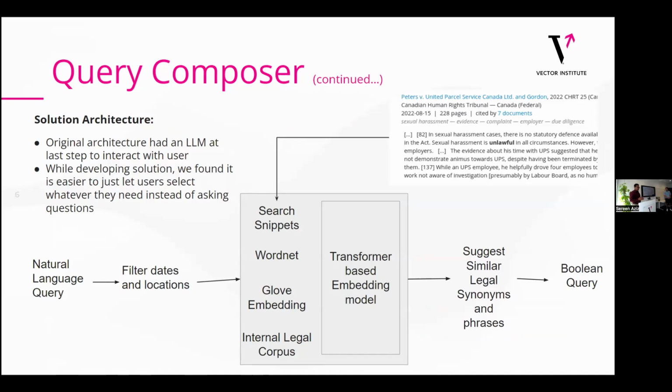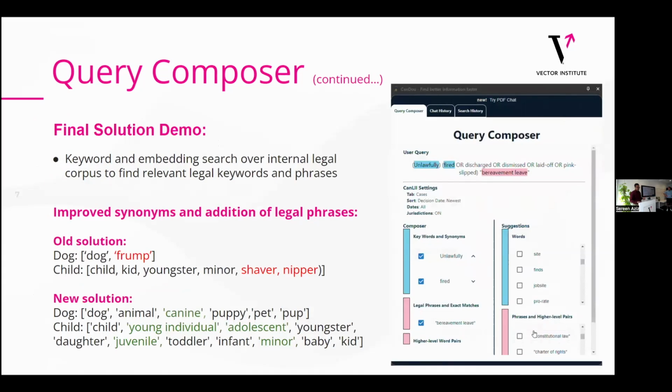Then we do a similarity search and find synonyms and legal phrases. We also take the help of case search snippets, which are the small text behind the cases, and we can find some useful keywords to show to the user. At the end, the user will be shown all of these synonyms and keywords, and they can select what they want and what they don't want.